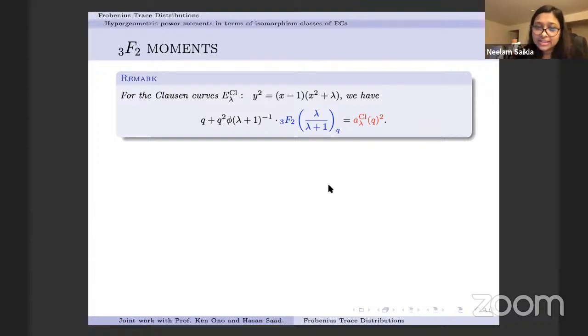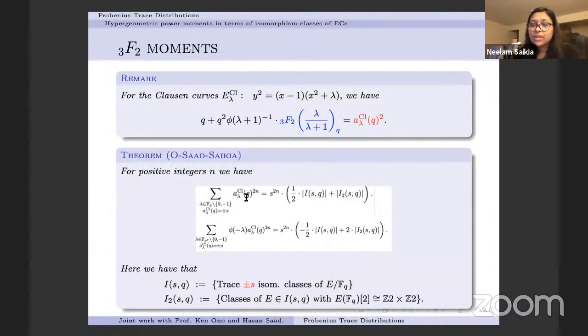So here we did exactly the same. We collect all those lambdas for which the Gaussian form of elliptic curve has the trace either S or minus S, and we take their even power. Ultimately, all the traces are equal in this set, if we consider all these lambdas for which the trace would be plus or minus S.